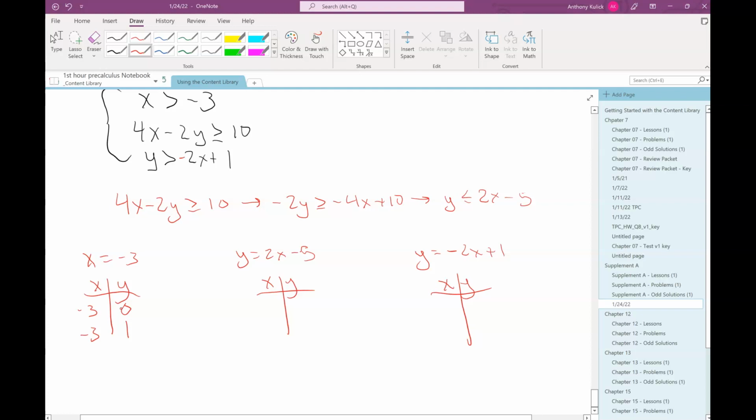Since there's no y in the equation, I can pick y to be whatever. Still satisfies x equals -3 if we're picking -3 for x. So do 0, -5, and maybe 3, 1. That gives me 0, 1, and then maybe 3, and then -5.